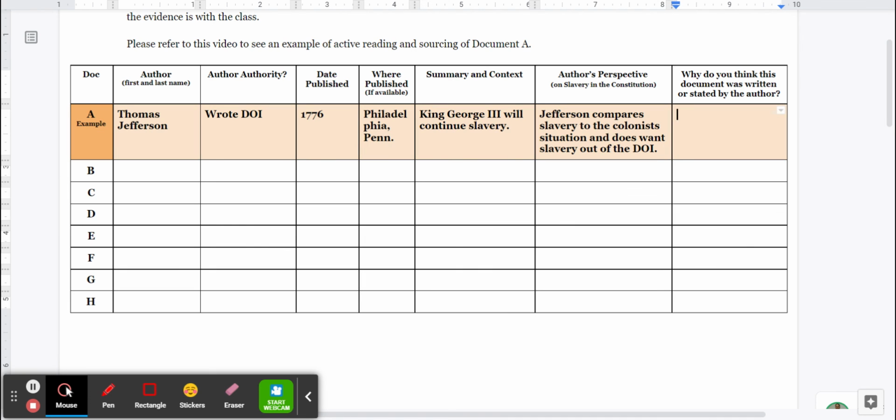Why do you think this document was written or stated by the author? And my thoughts, and it's just my thoughts, this is kind of an educated guess.